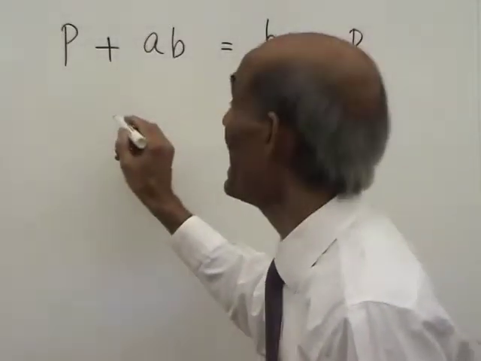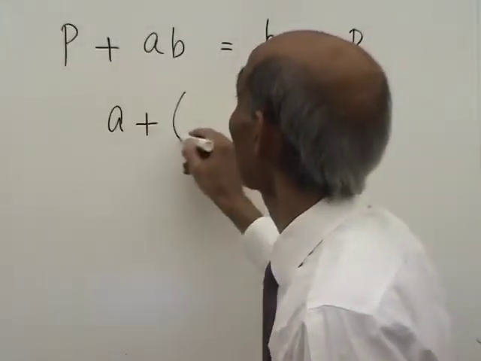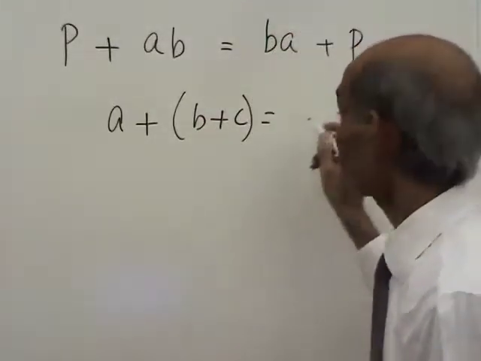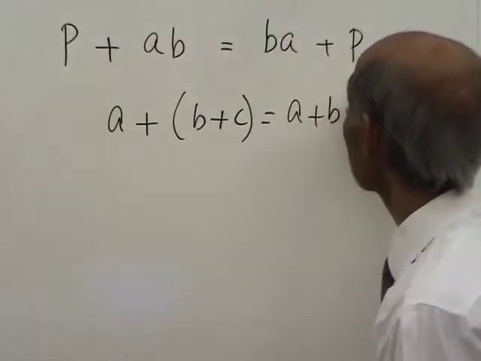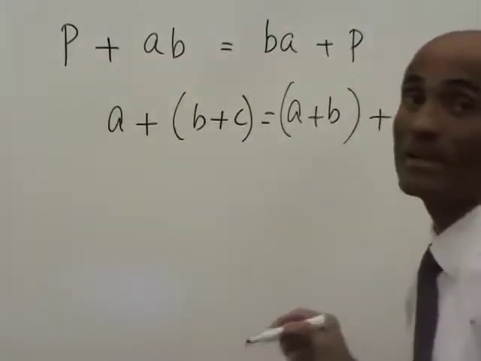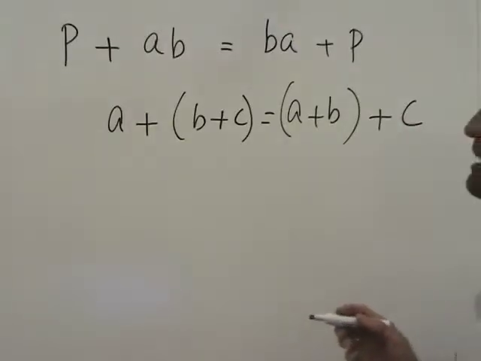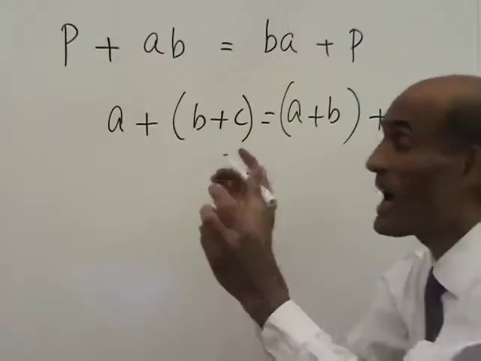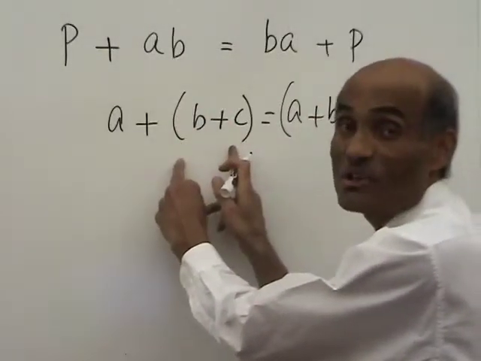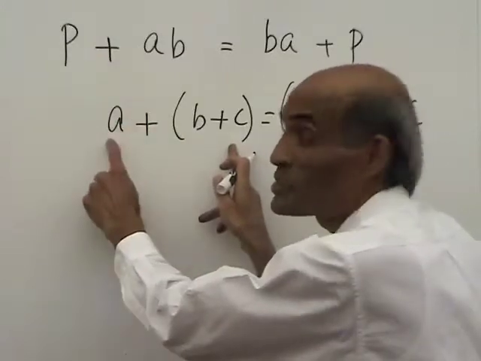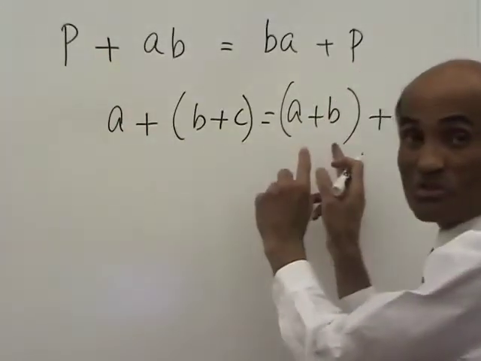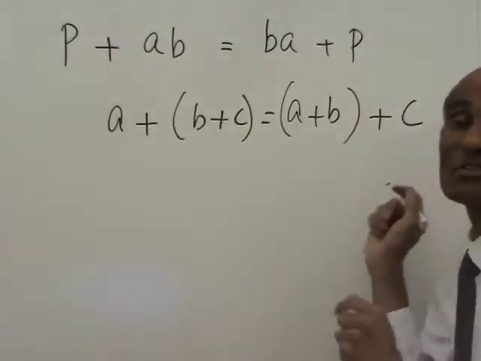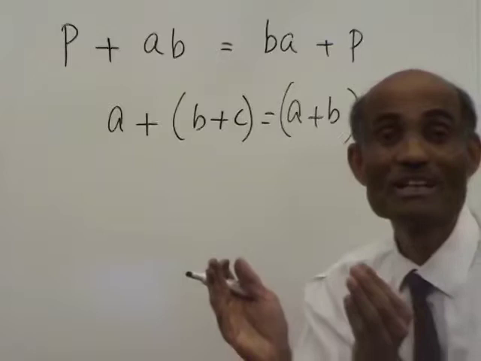Alright, watch here. A plus B plus C equal to A plus B plus C. What is the property I have used here? I have grouped B and C together, added them, then added the sum to A. And that is the same as adding A to B and then adding to C. What is the property I have used here?